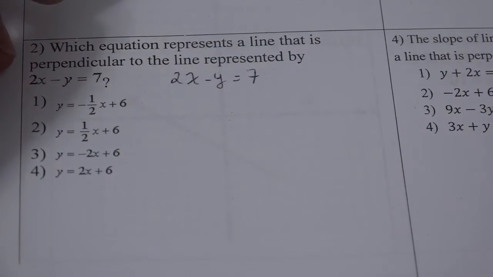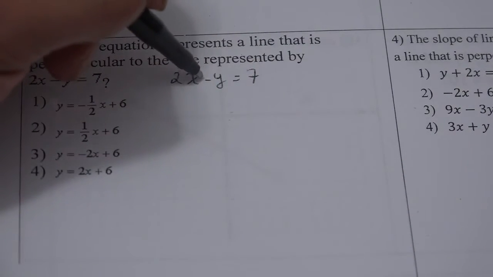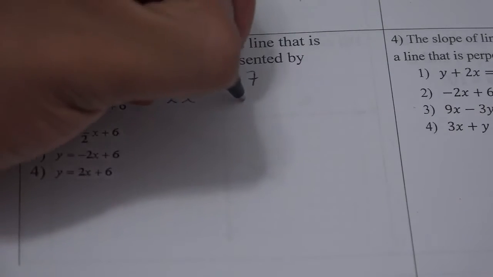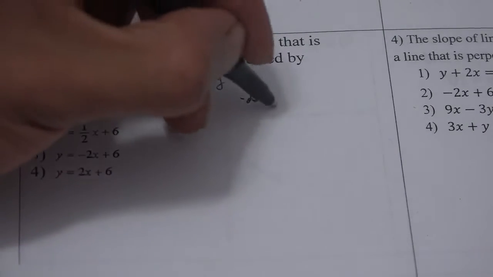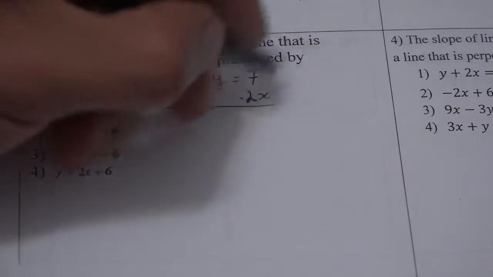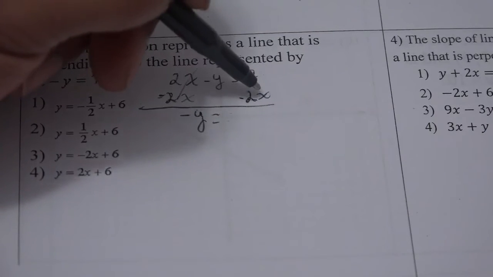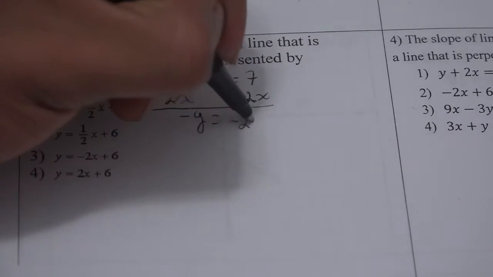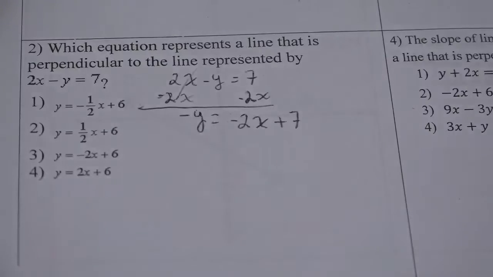Now, if you don't know, then you do it the old-fashioned way. We're going to subtract 2x from both sides. 2x cancels out, bring down the -y, and then 7 minus 2x cannot be done because they're not like terms, so you rewrite -2x plus 7, or 7 minus 2x, whichever way you want.